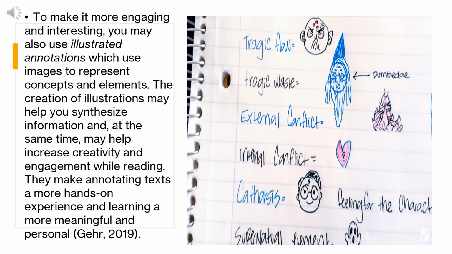It's an example of illustrated annotations, wherein you have images or drawings, illustrations for ideas or words coming from the text. So you call it illustrated annotations. For example, you have a tragic flaw according to your understanding.